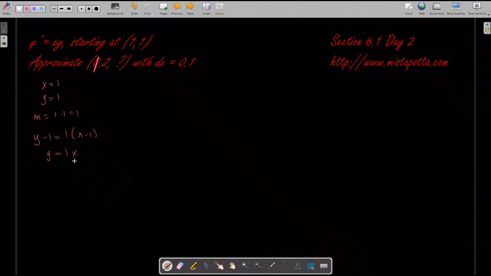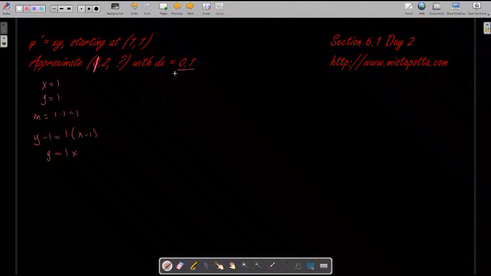This is my approximation. I want to get from 1 to 1.2, but I want to take baby steps. I want to go 0.1 steps ahead.